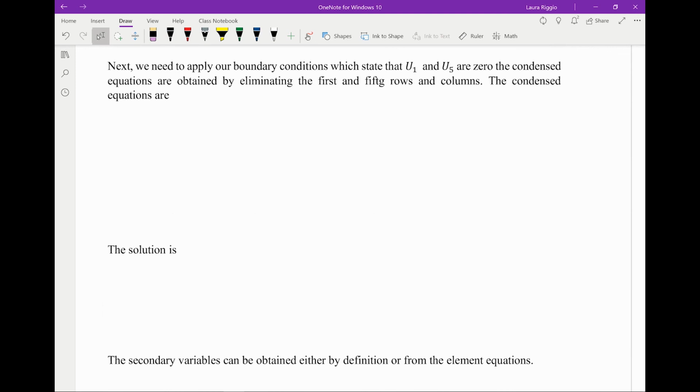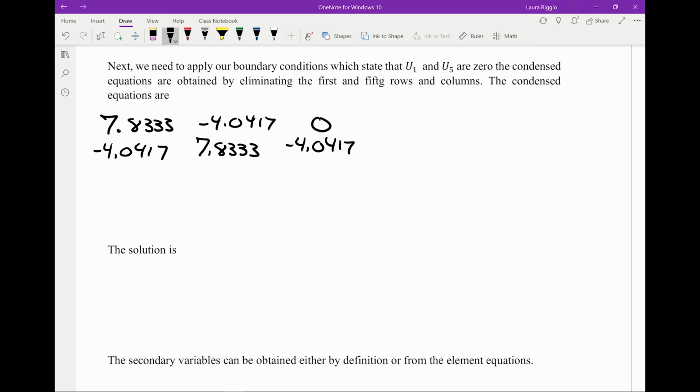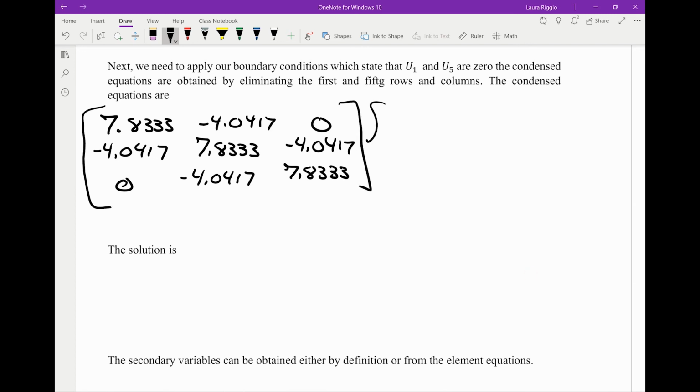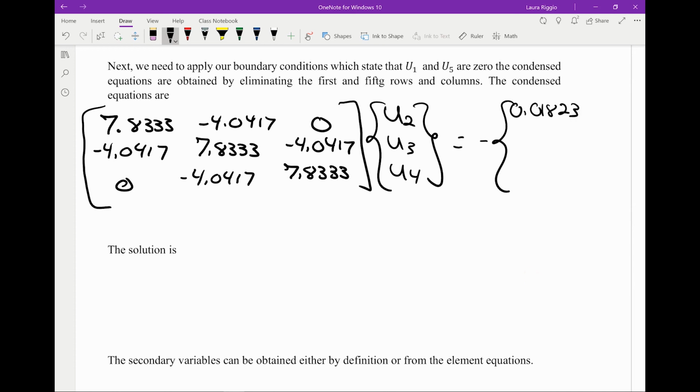So we're going to eliminate the first and fifth rows and columns to get our condensed system, which is 7.8333 minus 4.0717 minus 4.0417, 7.8333, times U2, U3, and U4 is equal to minus 0.01823, 0.06510, 0.14323.